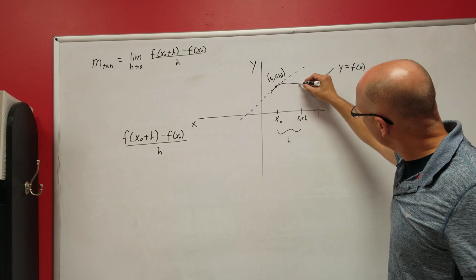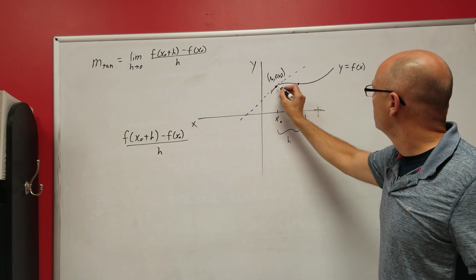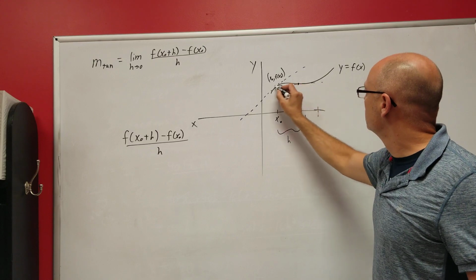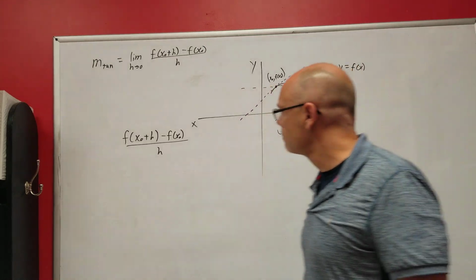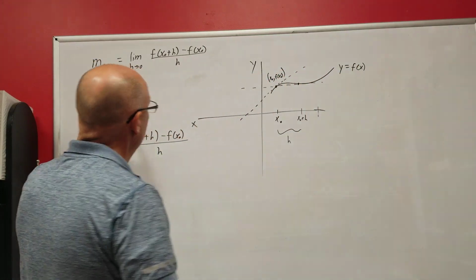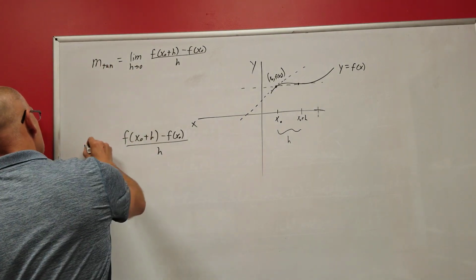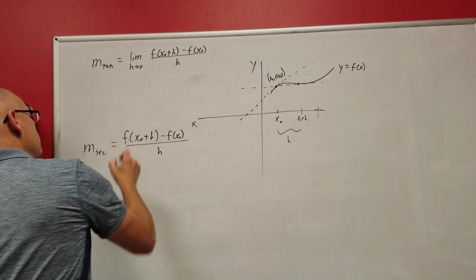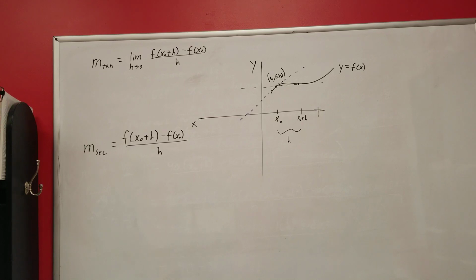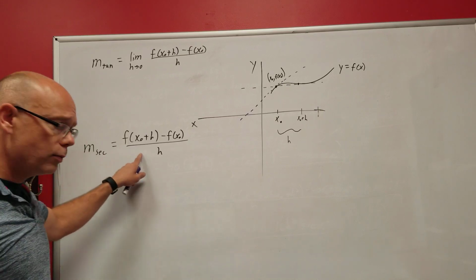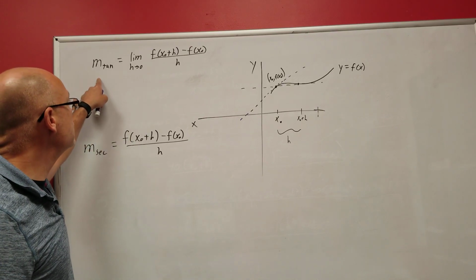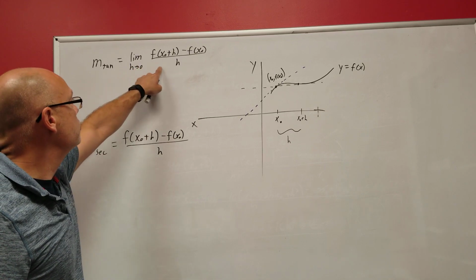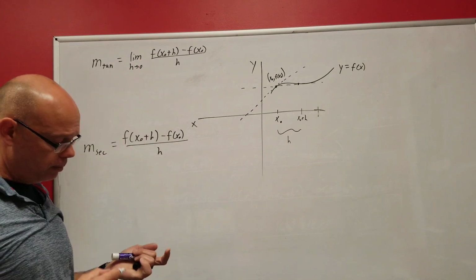Then that gives us a point right here. And then I have the slope of my secant line. So what is this difference quotient without the limit? That's the slope of the secant line. So the slope of the secant line is the difference quotient. The slope of the tangent line is the difference quotient with the limit.